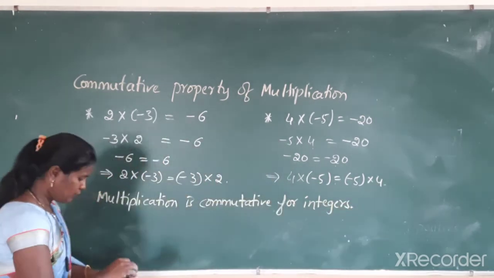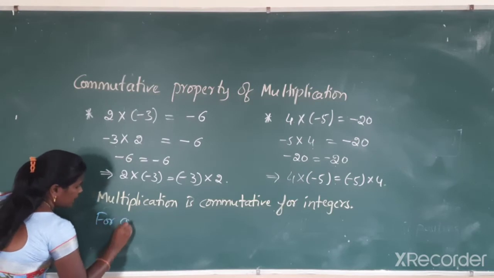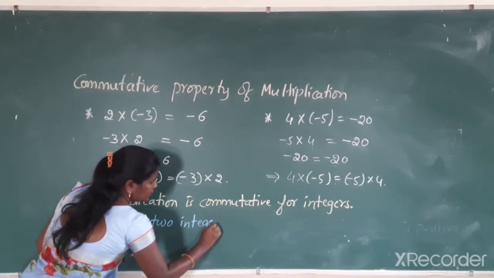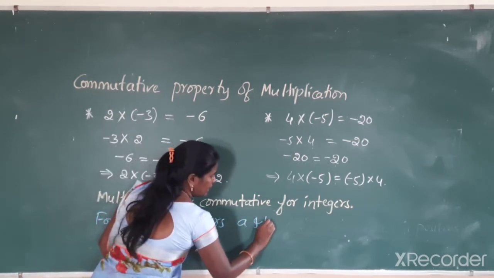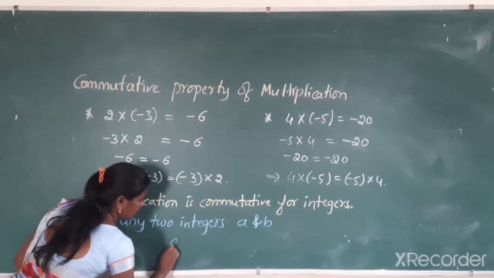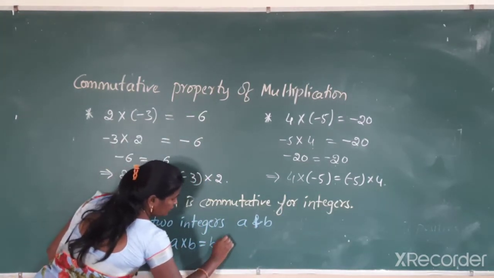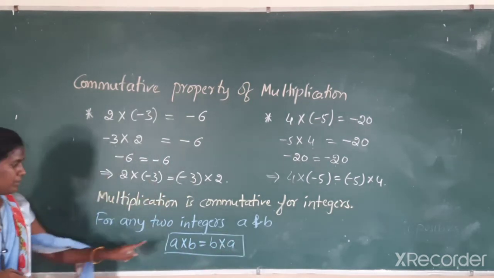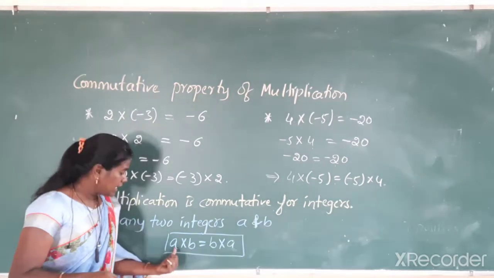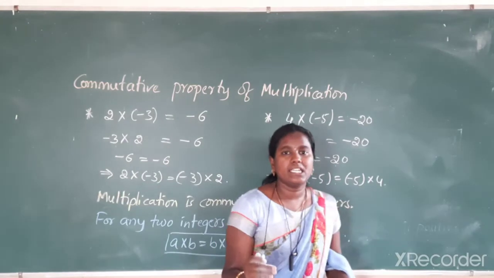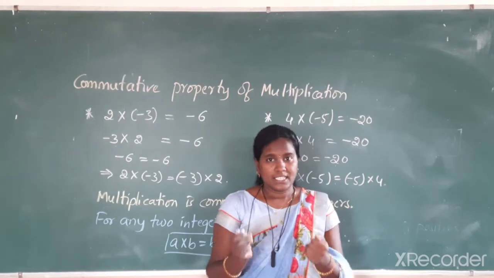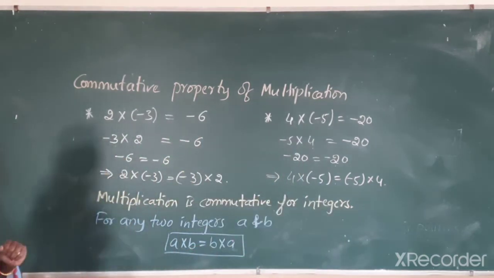In general, for any two integers a and b, a into b is equal to b into a, where a and b are any two integers, whether they are positive or negative. Is it clear? So this is about the commutative property of multiplication.